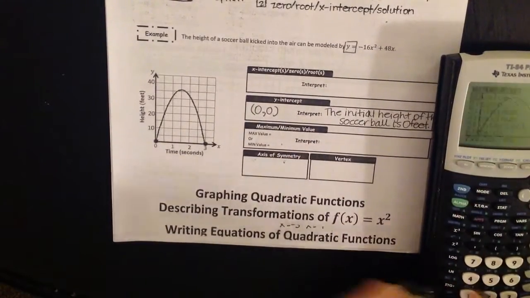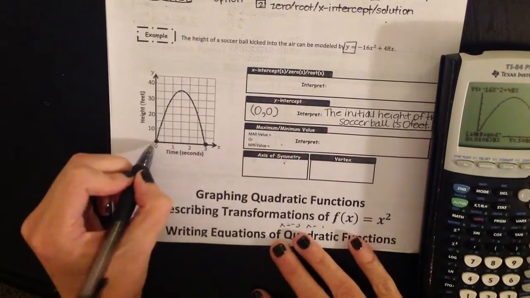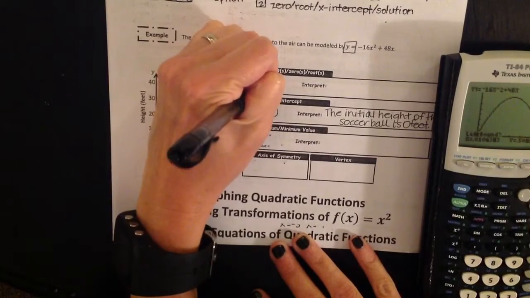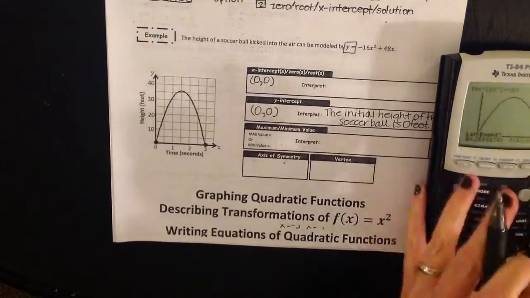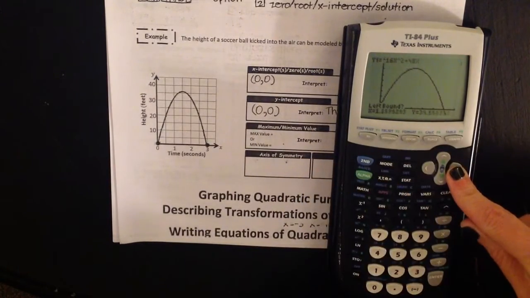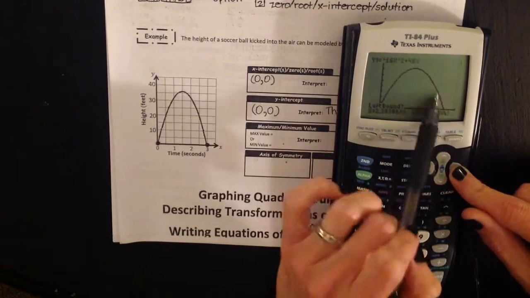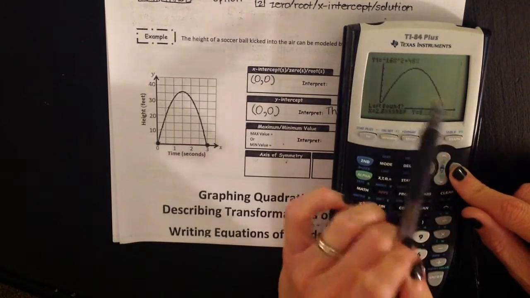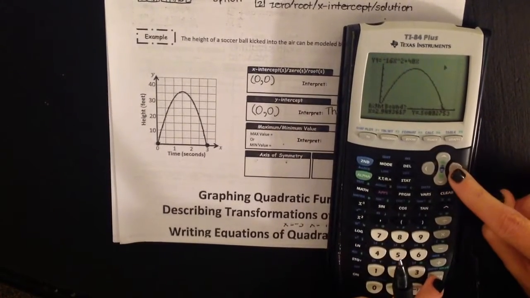Okay, second trace 2, we're going to find our x-intercepts. So I know that one of them is at the origin, okay? But I'm going to find this one over here on this side of my parabola. So I'm going to have to hold my right arrow down and let that cursor move around the other side of the parabola. And remember, you want to start off at the x-intercept, then go left. Go left. Now I'm going to go back to my x-intercept.